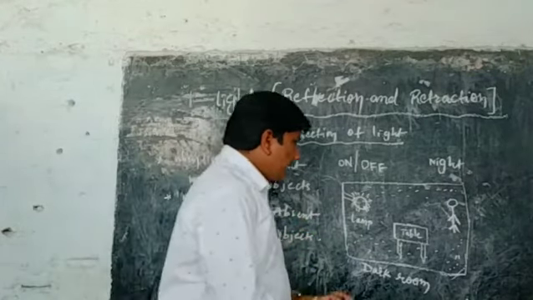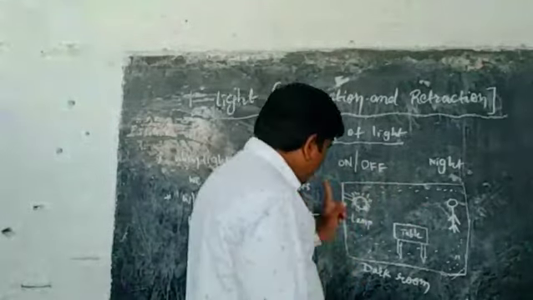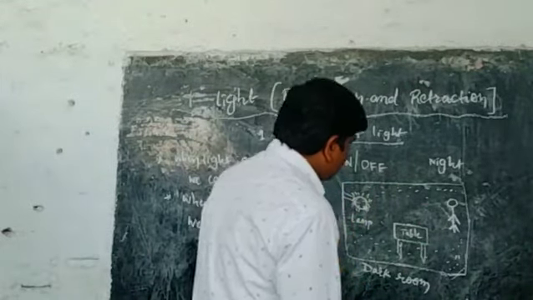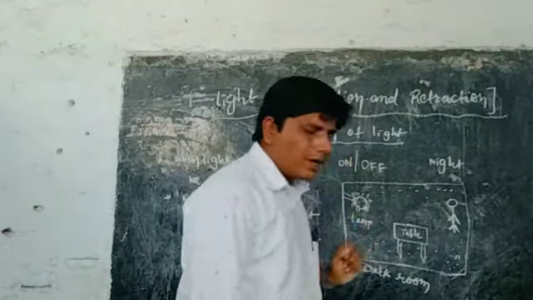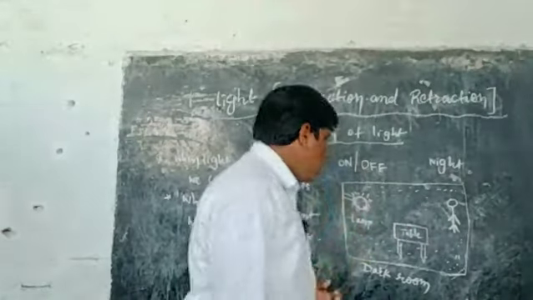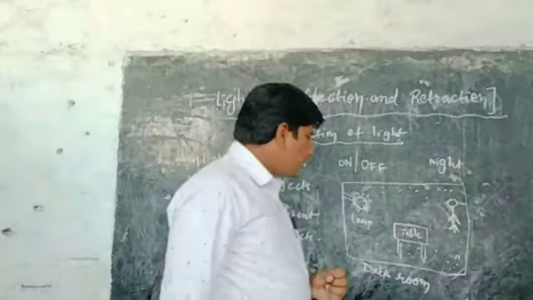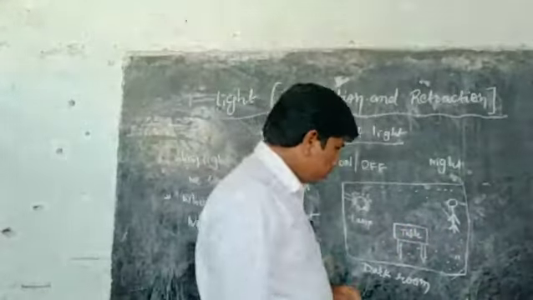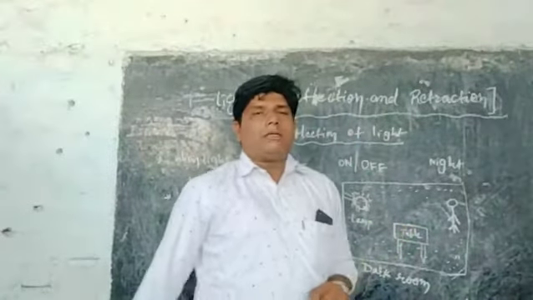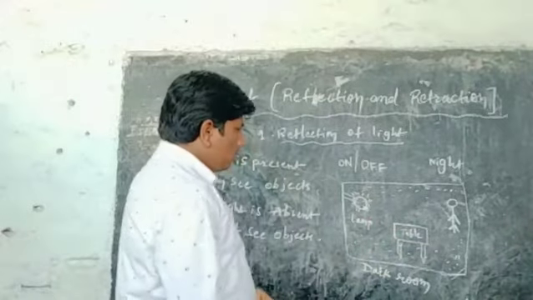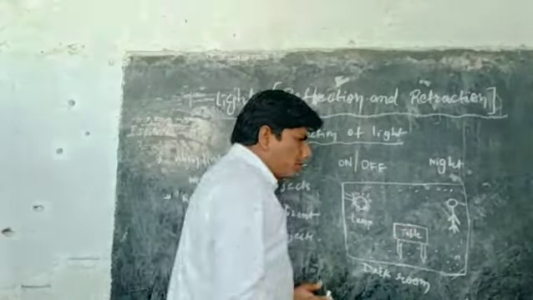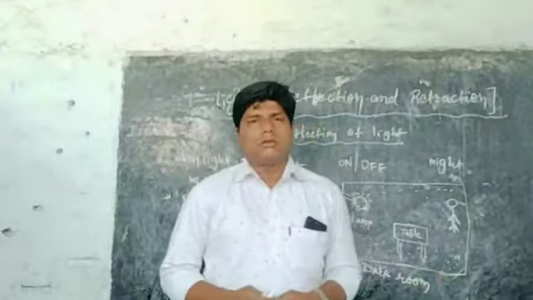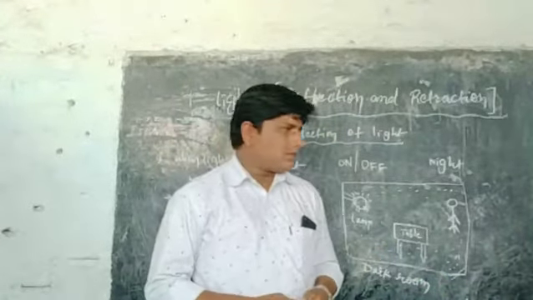In the same way, when light is present, when the lamp is on, this person is able to find all the things around him. When the lamp is off, as it becomes a dark room, this person is unable to find anything around him. When the lamp is on, what happens? Let's see. The lamp emits the light in all directions.